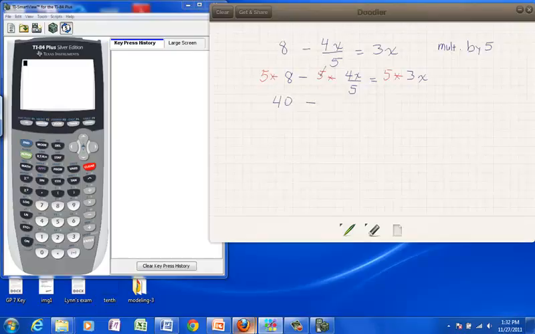Minus, these 5s will cancel. So it's just 4x over 1, or plain old 4x. 5 times 3x is 15x.